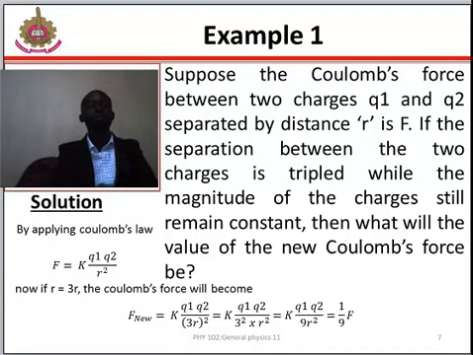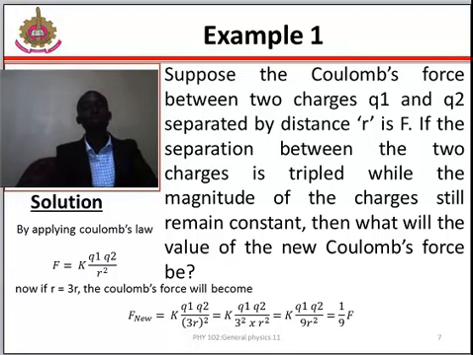So F new will be equal to K Q1 Q2 divided by 9r squared, since 3r squared is equal to 9r squared. Since F is equal to K Q1 Q2 divided by r squared, the new Coulomb force will be equal to 1/9 of the original force.